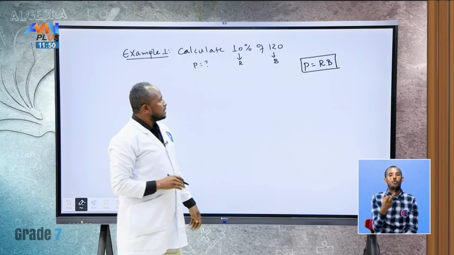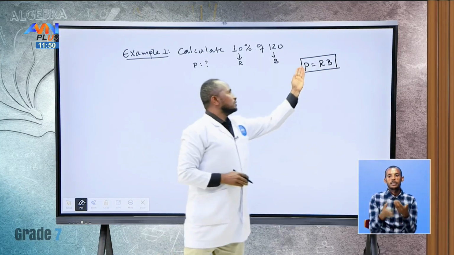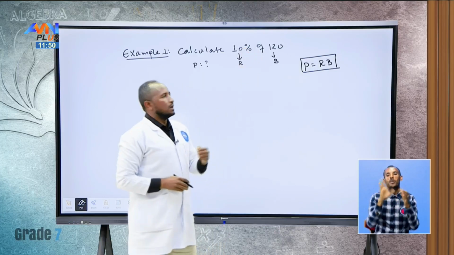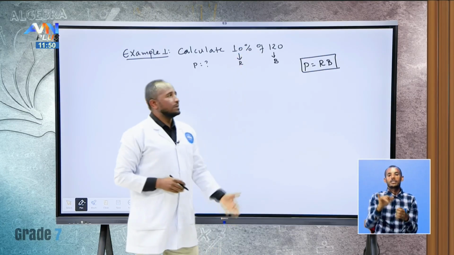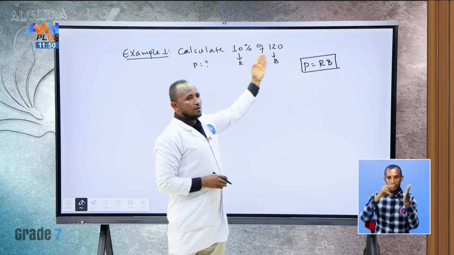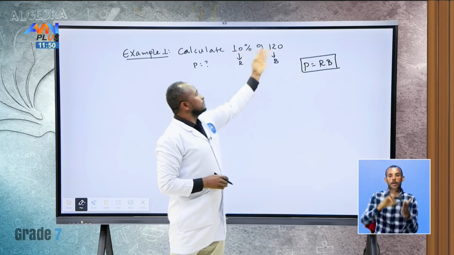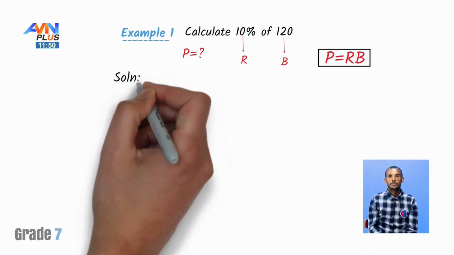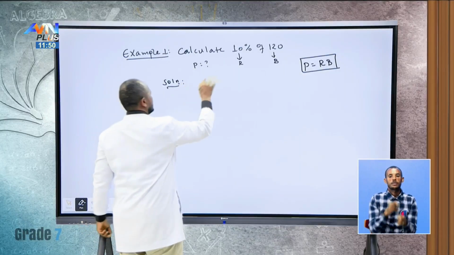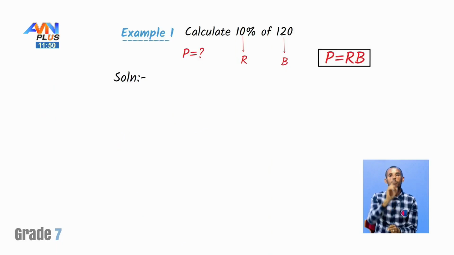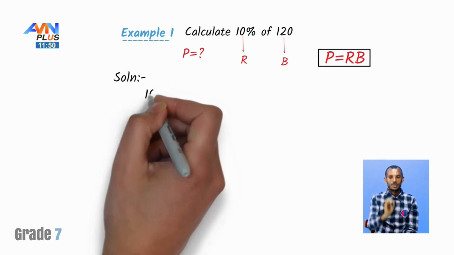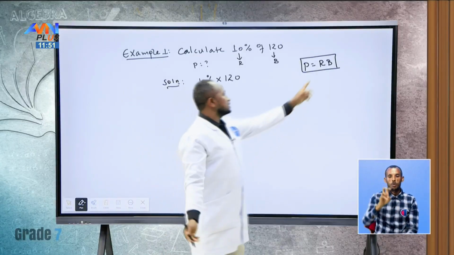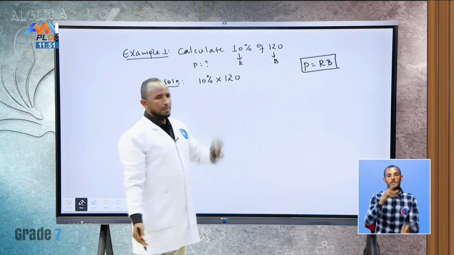By the way, we cannot just forget this formula, even if we develop an equation from the sentence. Here it says 10% of 120 means it's simply the product of the two. Therefore, solution: we are asked to find 10% of 120. It is 10% of, which means this times 120. In other words, it is the product of the two, rate times base.